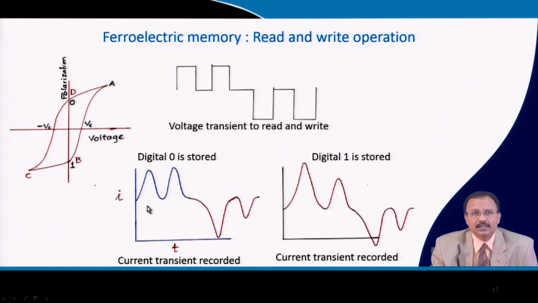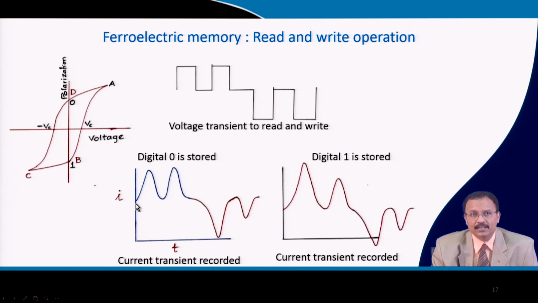So, the initial current spike and the second current spike will be relatively small because it is only traversing this path. Now, there is a delay and then there is another voltage pulse which is negative in nature. So, it will transition from here to here. There is a large change, therefore the current pulse will be very large, and then there is a second negative pulse, which will be relatively small.